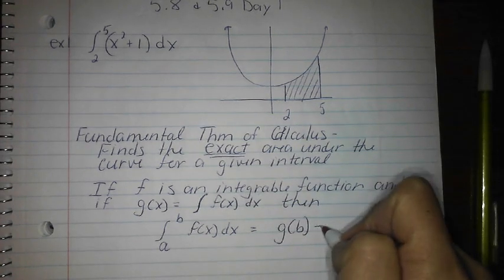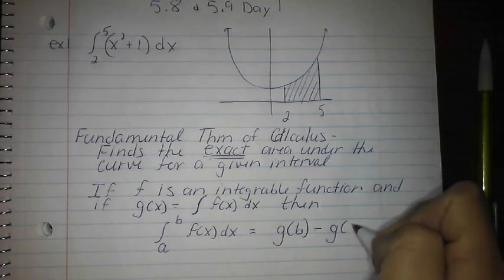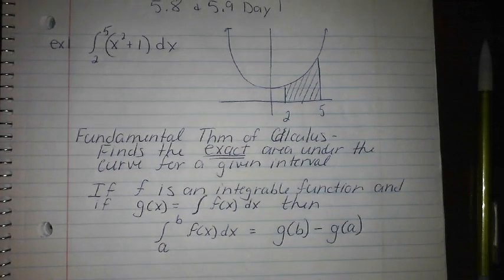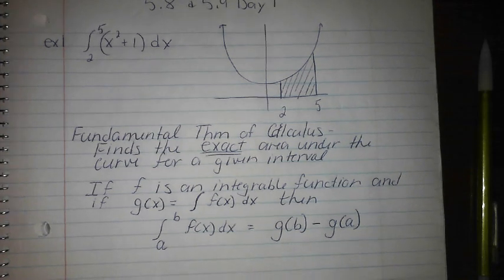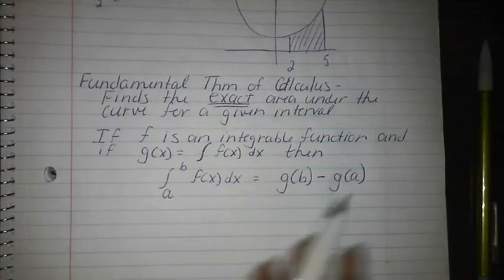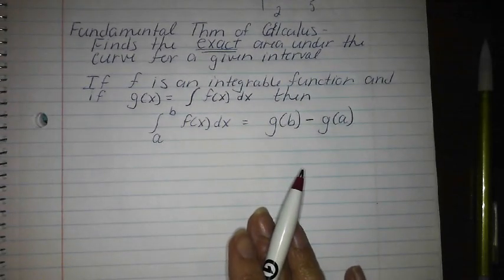Then you're going to subtract the answer you get when you plug a in. So think top boundary minus bottom boundary. So it's plug and chug. So not challenging. That might have been a whole bunch of stuff you didn't understand, but it's actually very easy. So let's practice.